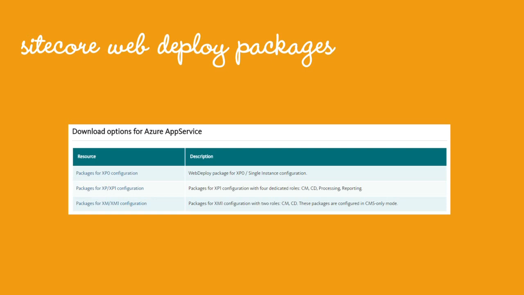So there's probably more you would still want to do on top, but it does a lot of that noddy out-the-box stuff, which is missed from doing a zip installation, let's say. And then lastly at the bottom is XM, which is the same as XP, but CMS only mode.